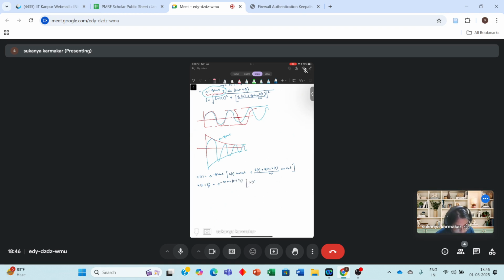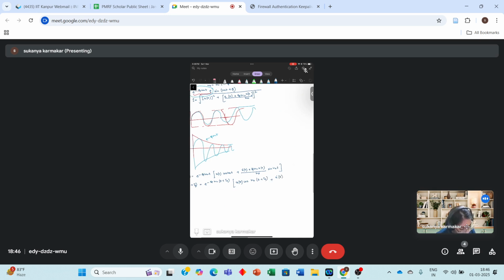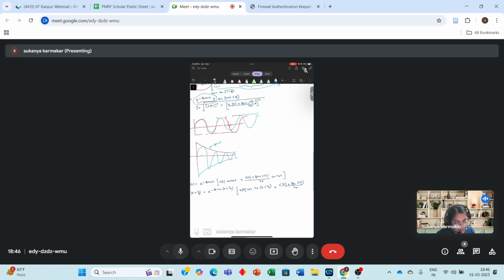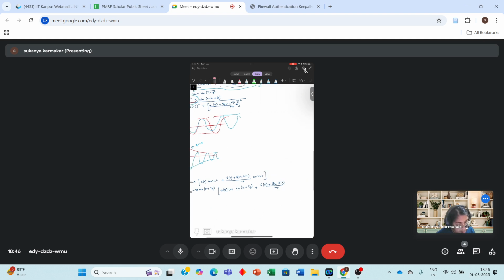Then x0 remains the same, cos of omega d t plus td, plus x dot 0 plus zeta omega n x0 by omega d, sine of omega d t plus td.